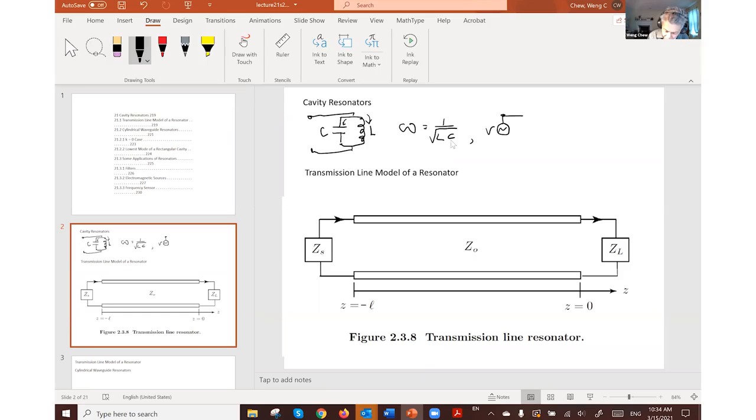If you have a voltage source, and if you want to transfer this to a load, let me call this a Z load. You can transfer the energy from the voltage to the load this way, but if you want to preferentially transfer only a certain frequency, you can put an LC tank circuit in parallel.